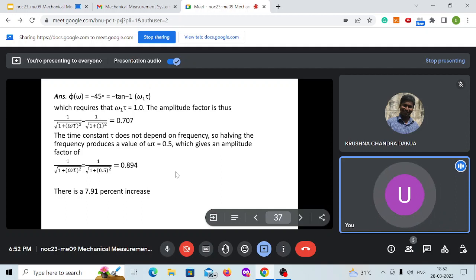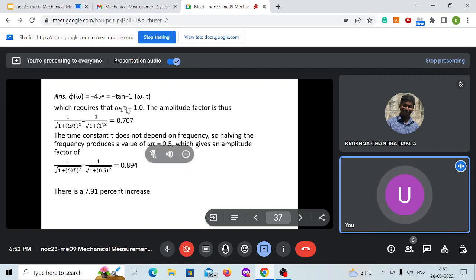So the amplitude factor for this case will be 1 over root of 1 plus omega tau squared. We know omega tau is 1 because of the 45 degree phase lag. Substituting that, we get 1 by root 2, which is 0.707. So this is the amplitude ratio for the first case.